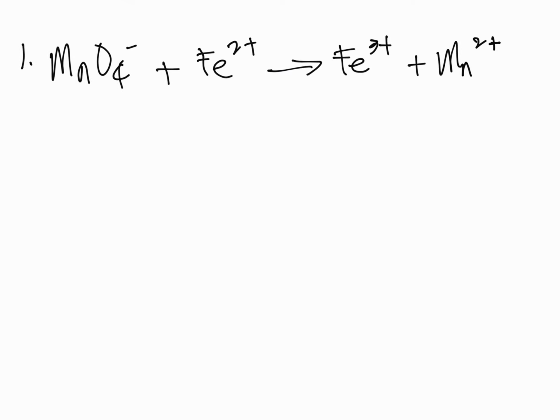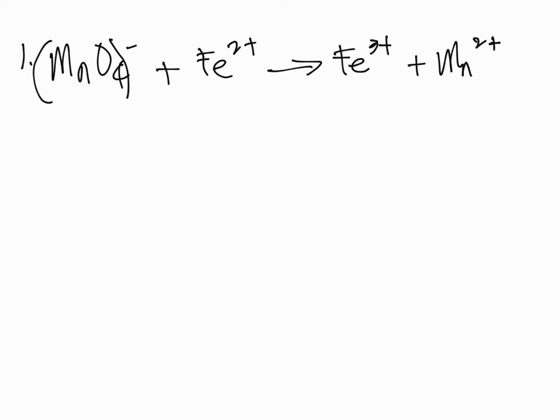Okay, let's start. The first thing that you will do is to determine the charges or the oxidation number per element. The problem here in this equation is that you have the negative on MnO4, but that is for the whole compound. Then the Fe2 plus is for the iron. Then the products, Fe3 plus, then the Mn2 plus.